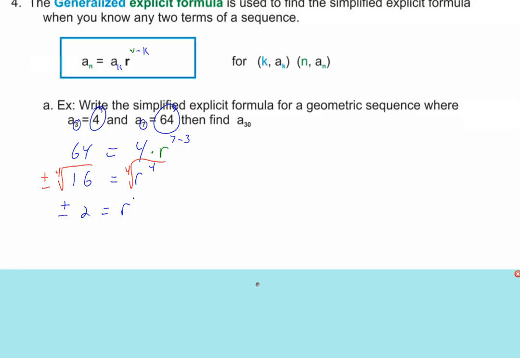So plus or minus 2 equals r, and now we've got the r value. Now we want to go back and write the simplified explicit formula.